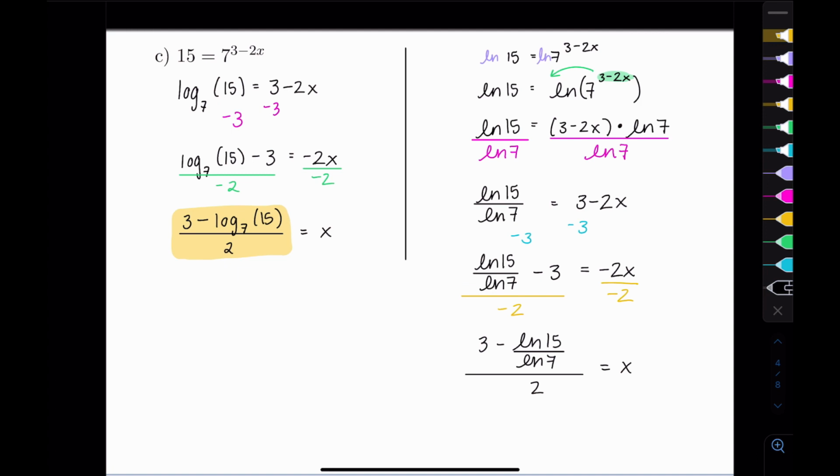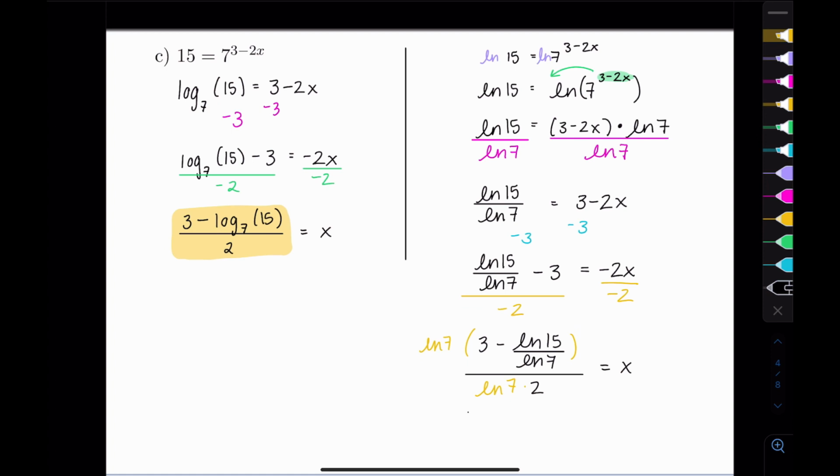But otherwise, what we can also do to get rid of the fractions within the fractions is multiply the top by natural log of 7, which means we've got to do the same thing in the bottom, multiply by natural log of 7.